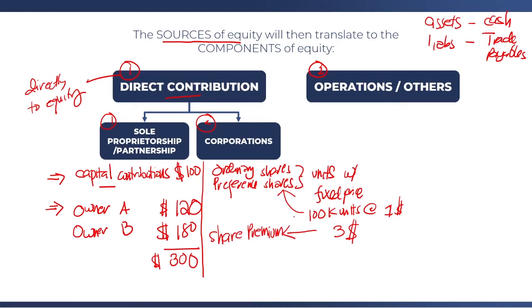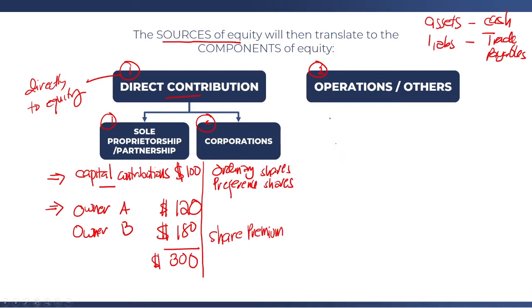So it is split between 1 here and 2 here. Share premium represents the amounts paid in excess of the ordinary and preference shares because ordinary and preference shares are fixed amounts. In general, those are the direct contribution components that we have.